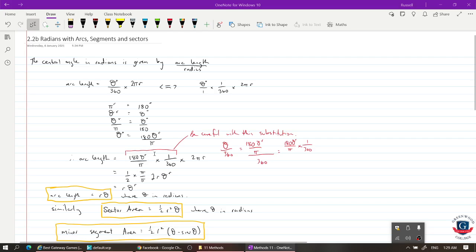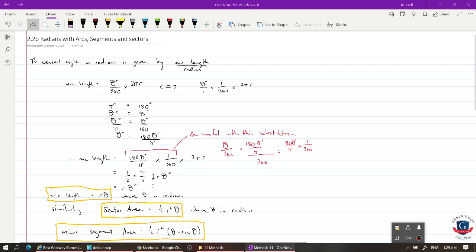So you can see there's theta on 1, which is just that, multiplied by 1 on 360 times 2 pi r. I've split this because it is much easier to work with than substituting it directly into this equation. That fraction's getting a bit nasty to understand.